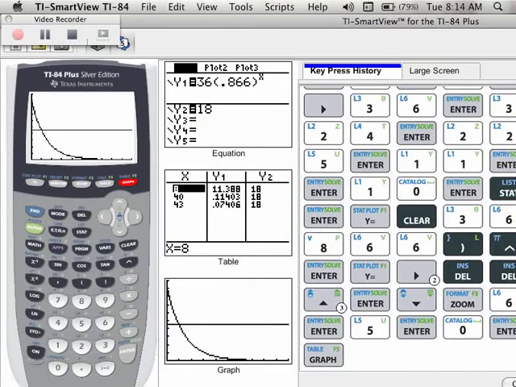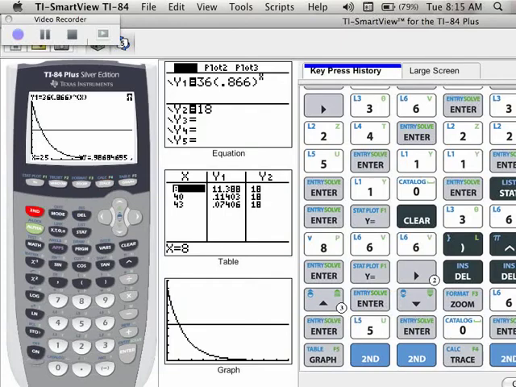And what I'm looking for is, when does that occur? So to find that on your calculator, it's really easy and convenient. You can go second, and then trace. That's weird. Second, trace, there we go, 5, because I want to find out where they intersect.